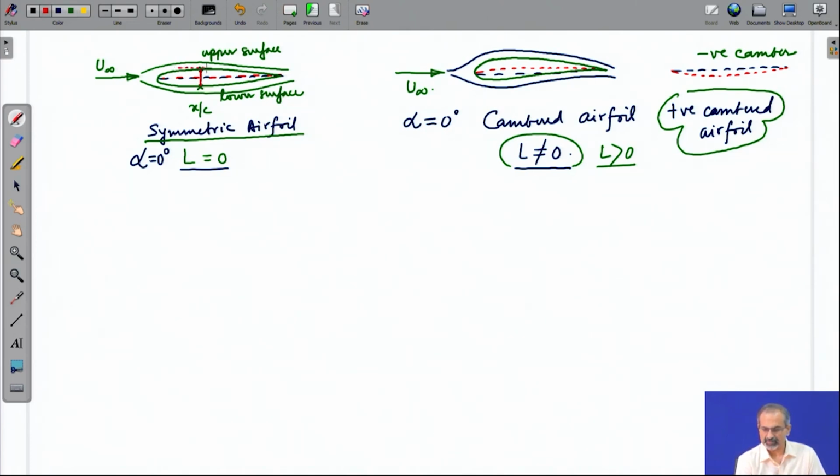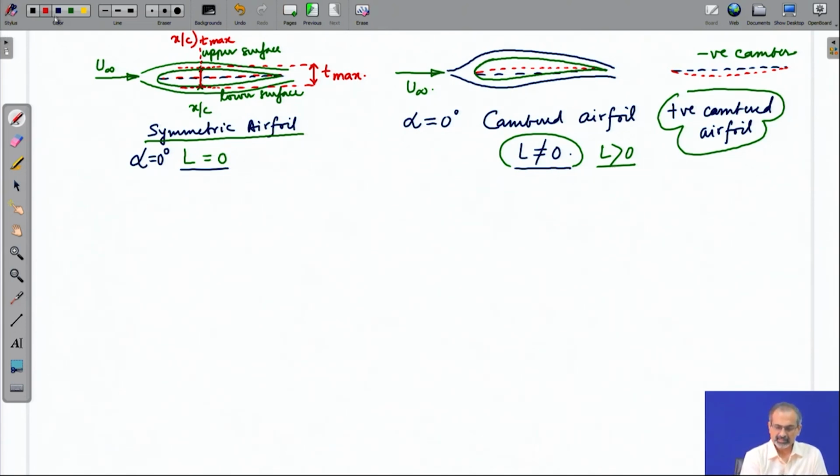Wherever the highest ordinate values are obtained for the upper and lower surfaces in terms of magnitude, that is where the maximum thickness would be obtained. You can say that that is T max, maximum thickness. There is also a location corresponding to that, x by c at T max. That is the x by c value where the maximum thickness actually occurs.